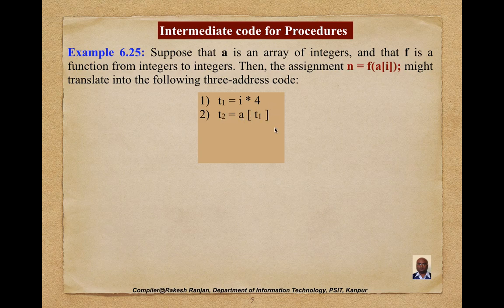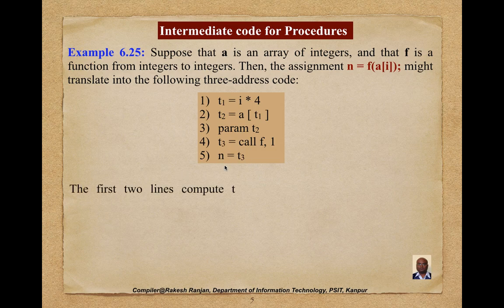Now a[t1], the complete address we get, and the value is stored in t2. Now param t2, because the function parameter is a[i]. Now we can call f comma 1, because we have only one parameter. So this t2 will be passed as a parameter and the result will be stored in t3, and n equal to t3.